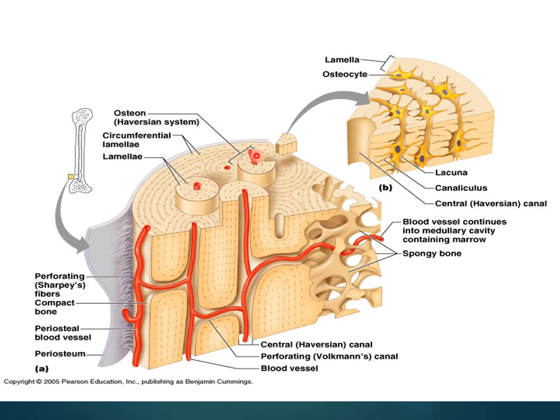Here you appreciate there is a central canal, which is the Haversian canal, and that is surrounded by the lamellae of the collagen fibers, which is making up our typical osteon here. So these cylindrical osteons making up the Haversian system are components of the compact bone.